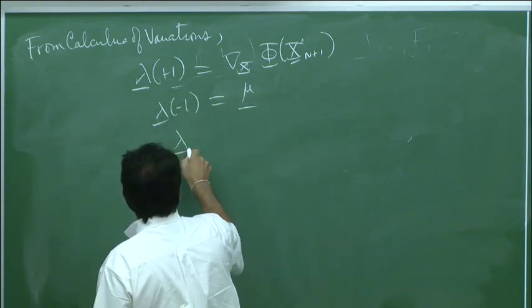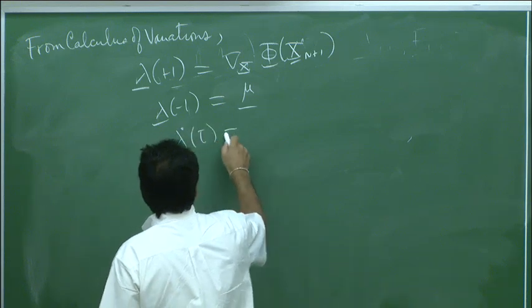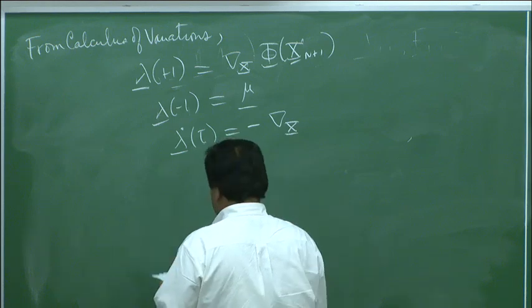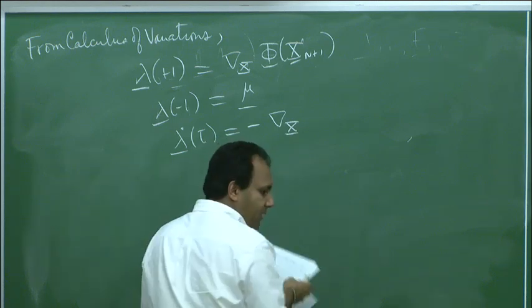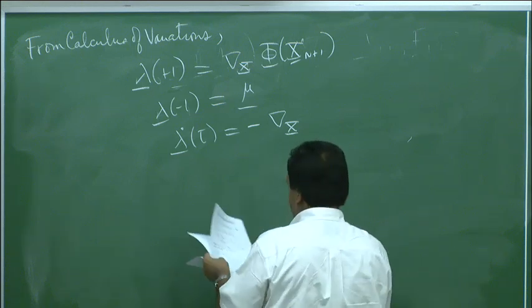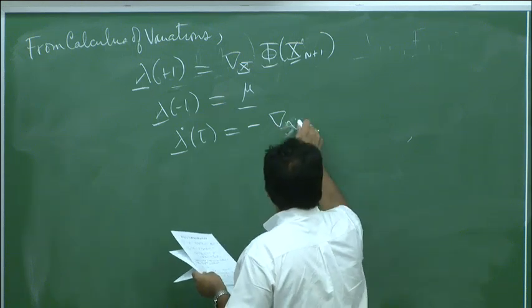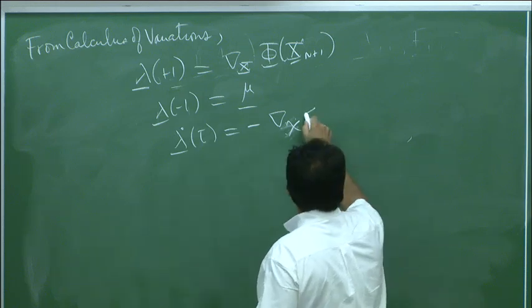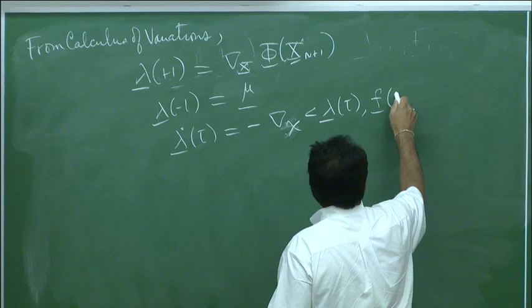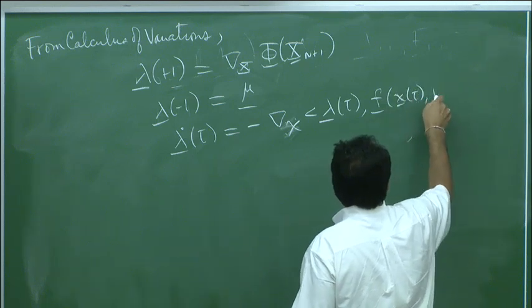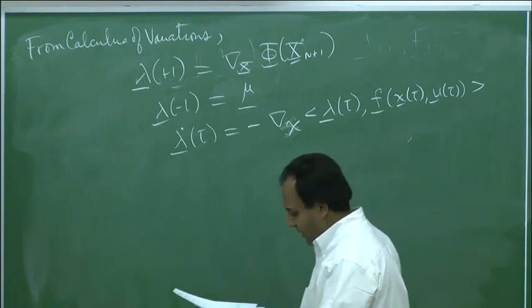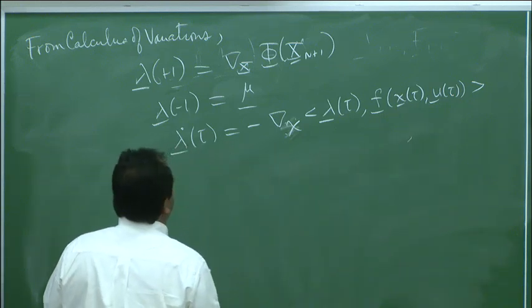And we'd get lambda dot of tau is equal to minus the gradient with respect to x, little x, of the inner product of lambda of tau with f of x of tau and u of tau, right?